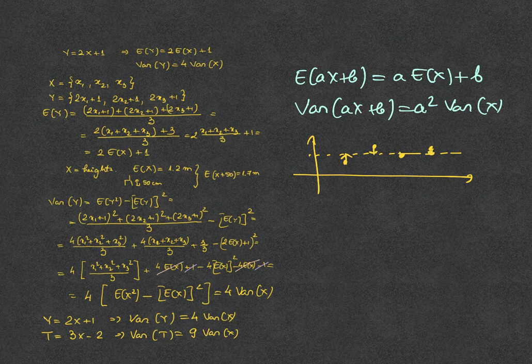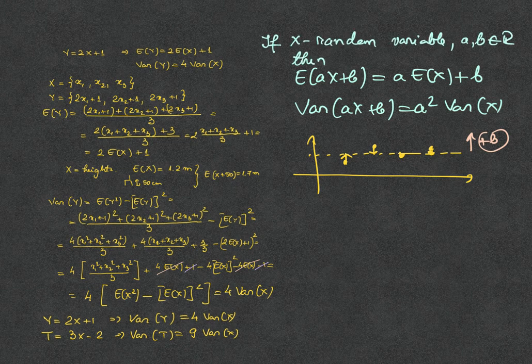Well, we take the square and so on, but that's a measure of the distance from the mean. Now, if you add b, everything goes up by b: the values, but the mean itself also goes up by b. Therefore, the distance stays the same, so that's why the b disappears in ax plus b. And a becomes a squared, as you see here, because I need to square this expression when doing the calculation. So that's how I remember these two expressions.